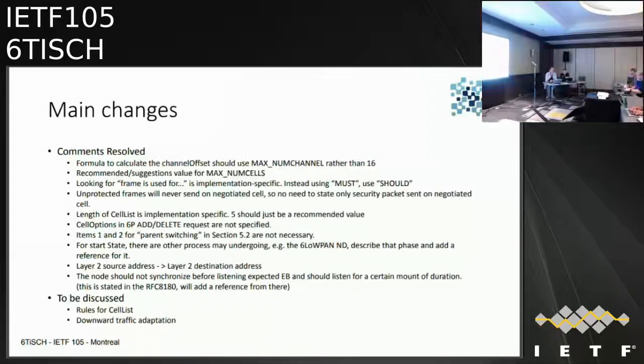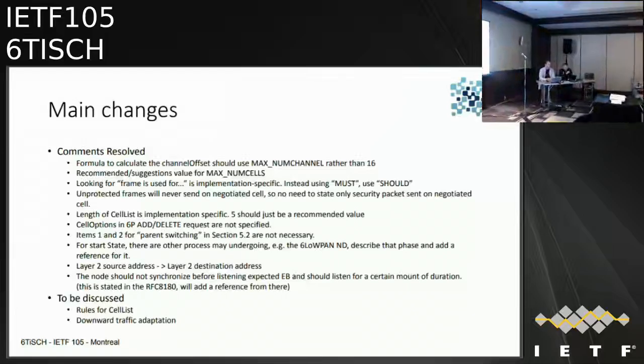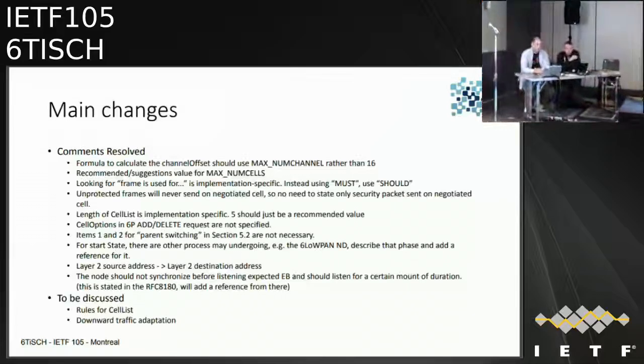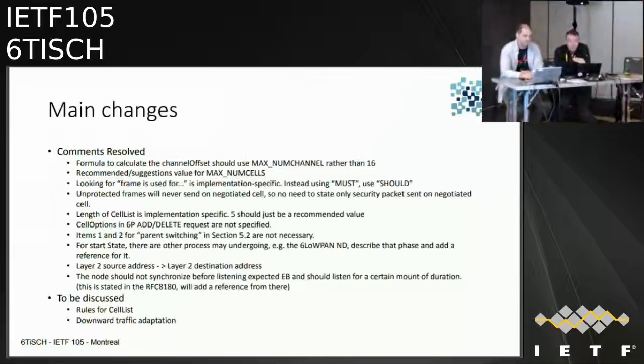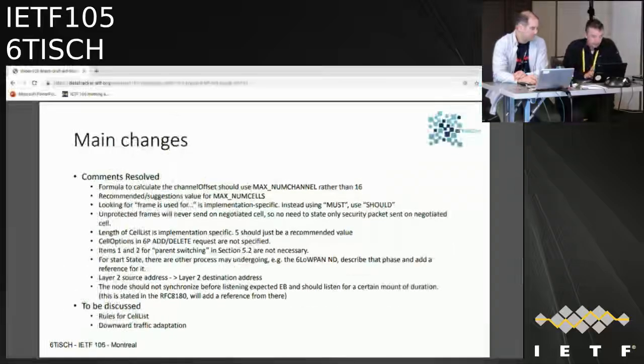Because the goal is to do workgroup last call this year, right? So somewhere in fall. To get there, we need to get those 2 issues resolved, and so please bring them to the mailing list. And then we'll do workgroup last call. Okay? Tengfei? Totally agree.